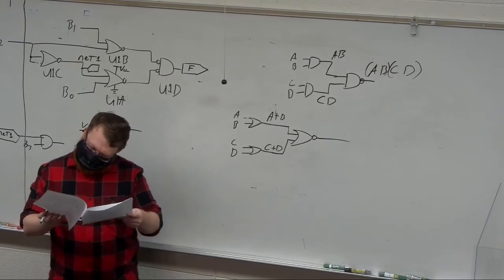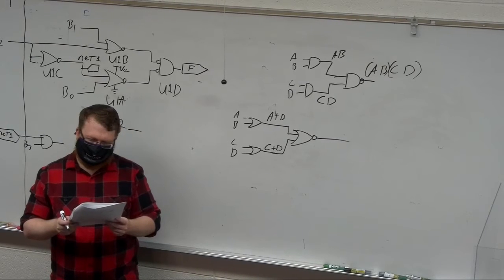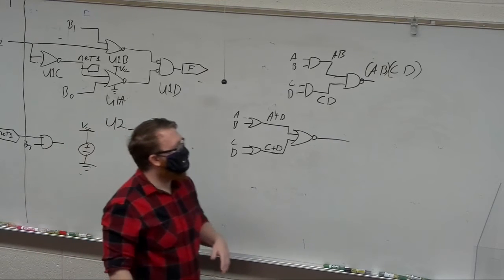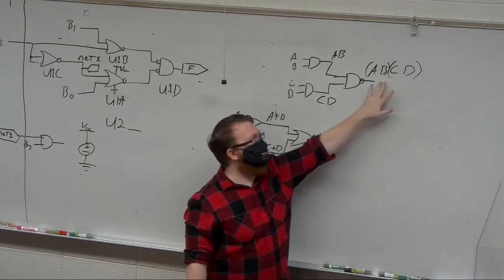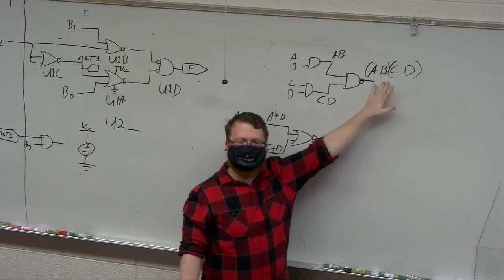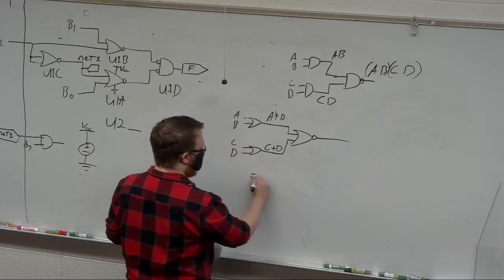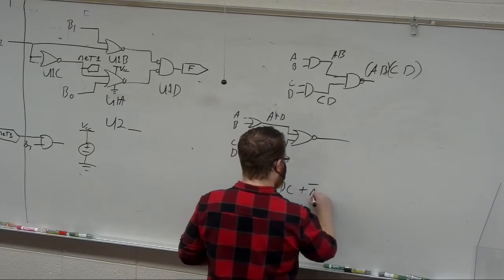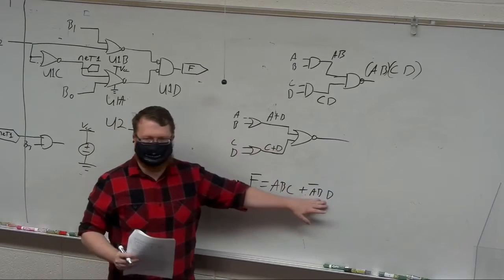So the book calls out, and it's probably worth mentioning, that using the parentheses doesn't change anything, but it's useful to do sometimes when you have this logic expression to help yourself think through what you need. Like, I end up with an expression of f equals ABC or ABD.